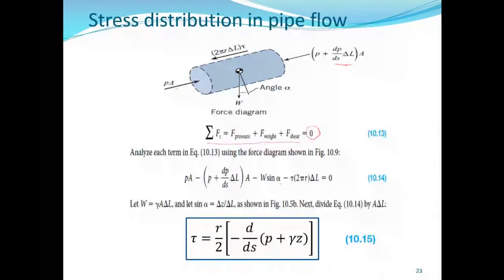I'll replace sine alpha as delta Z over delta L, and W, which is gamma A delta L. Once we substitute and simplify, we will arrive at the shear stress to be equal to r over 2 times minus d/ds of (P plus gamma Z).